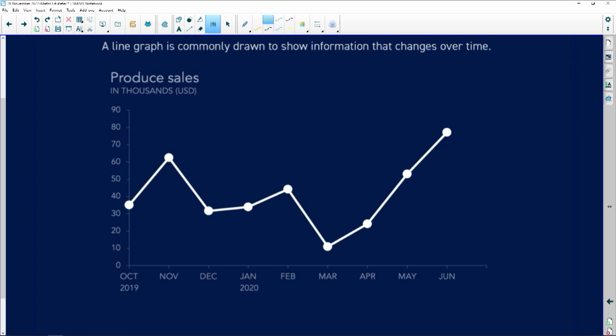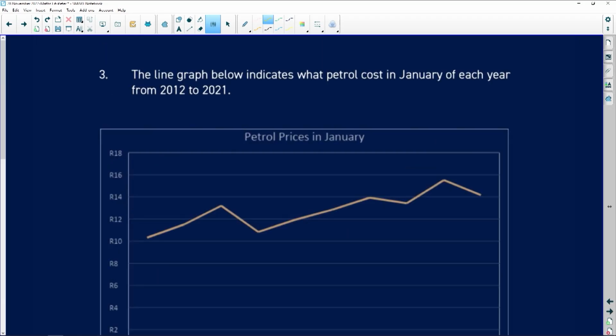So let's do an example ourselves. The line below indicates what petrol cost in January of each year from 2012 to 2021. So folks, not only do you have to know how to draw these graphs, but you do need to know how to interpret them as well.